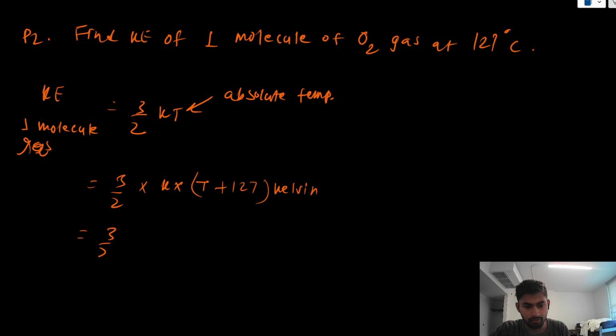Whatever we get from this equation, which would be 3 times 1.38 times 10 to the power minus 23 times 273 plus 127, which would be 400 kelvin. This would be our answer.